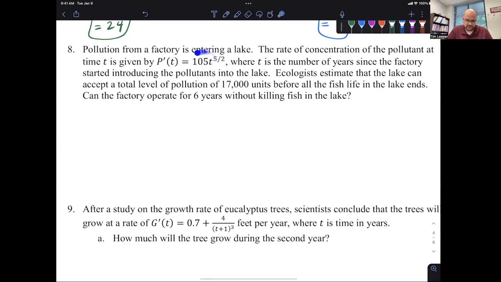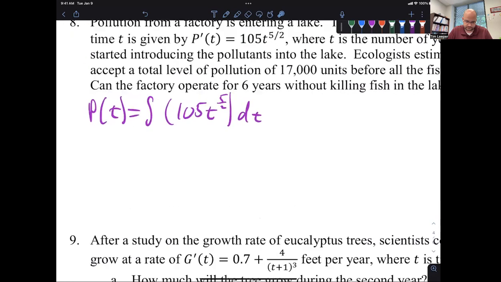So here is our derivative function. What that's telling me is that our function itself is the integral of p prime of t. I'll just go ahead and do 105 t to the 5/2 power dt. Notice that we need to use this as an indefinite integral.